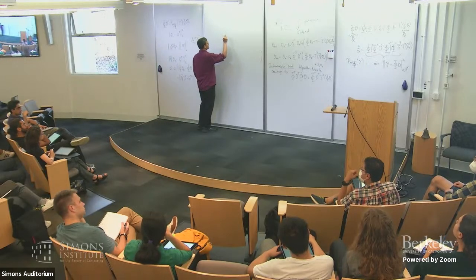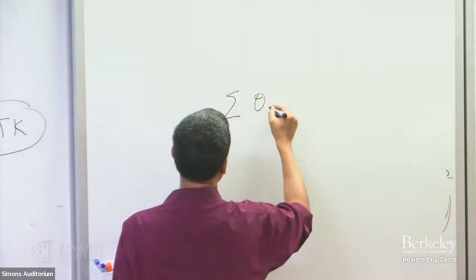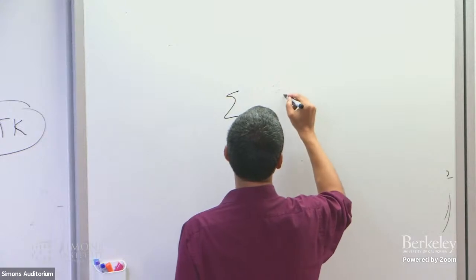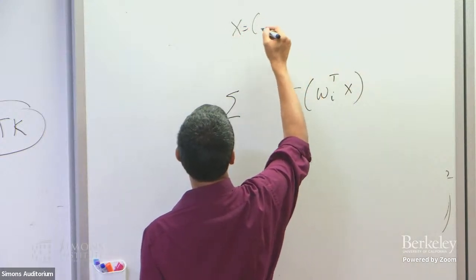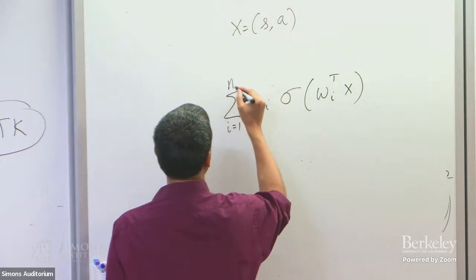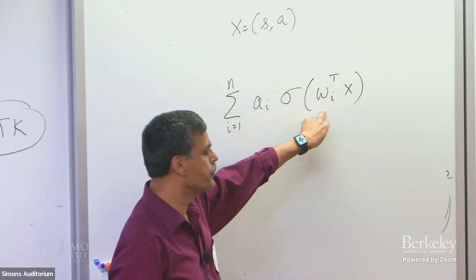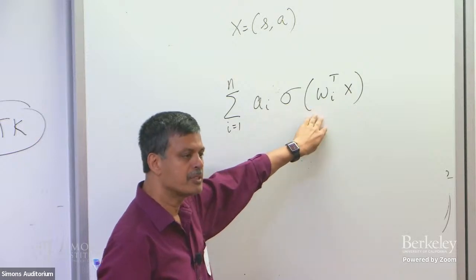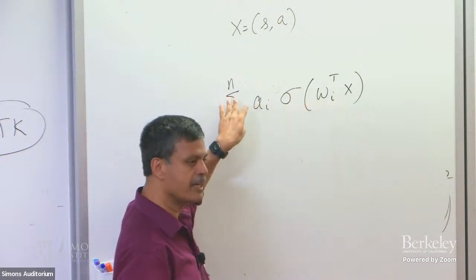A single hidden layer neural network can be thought of with X for state and action together, where the neurons are represented by sigma, and the input is W. You pass it through n neurons after passing it through a weight W, and then take a linear combination.